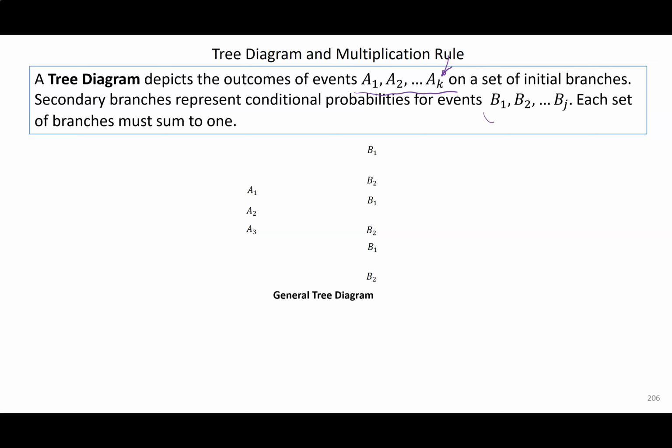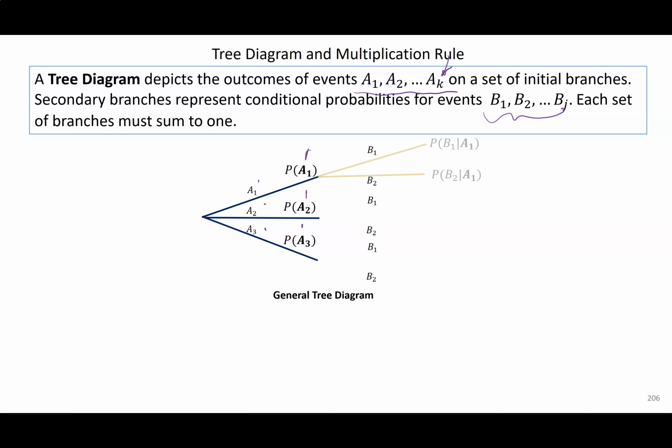And then I have a second set of events, B1, B2, and so on. So if I have 3 options that it could be, so maybe I have like a spinner and it has 3 colors on it. I could get color 1, color 2, or color 3, that kind of idea.